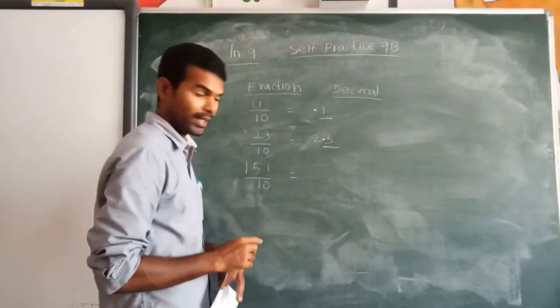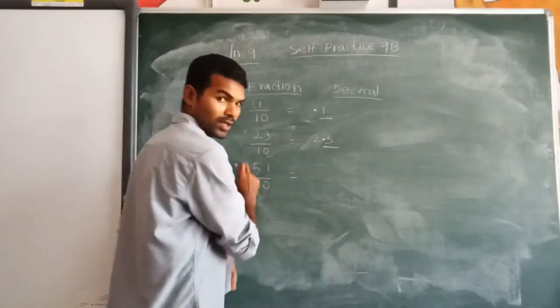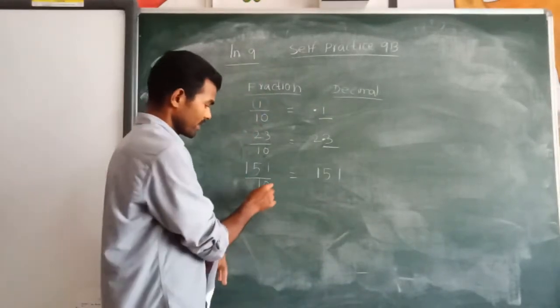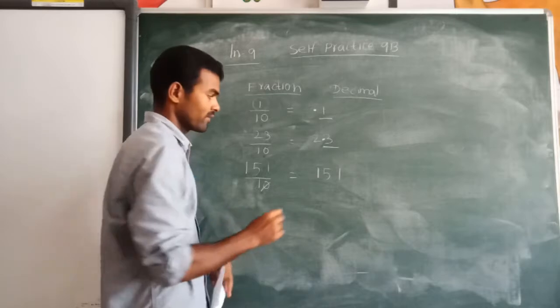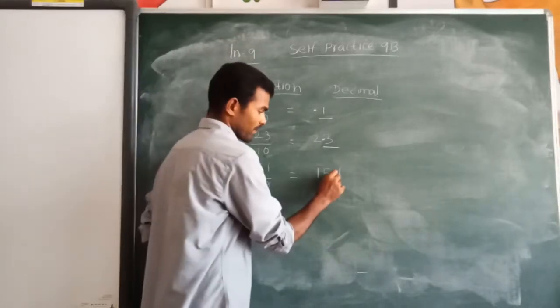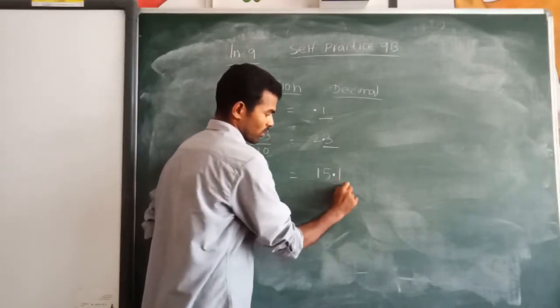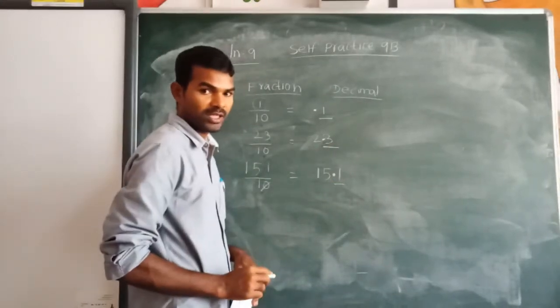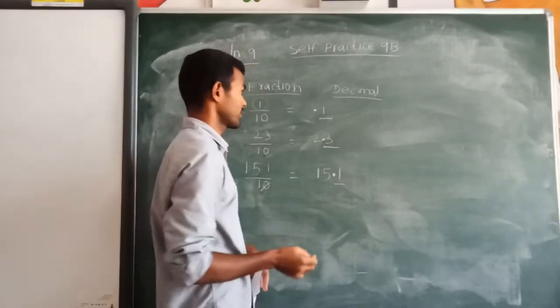Write the full numerator here, 151. Here it is 10, one 0, so after the point, only one number, like this.